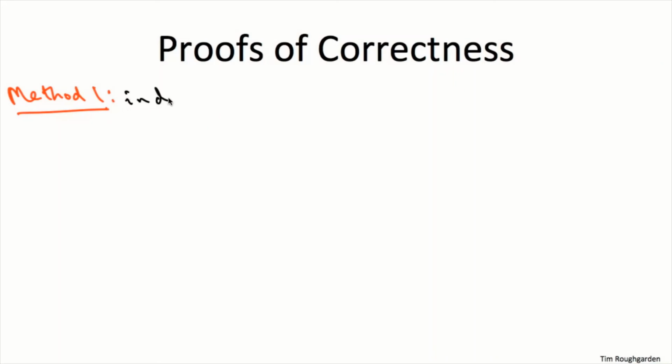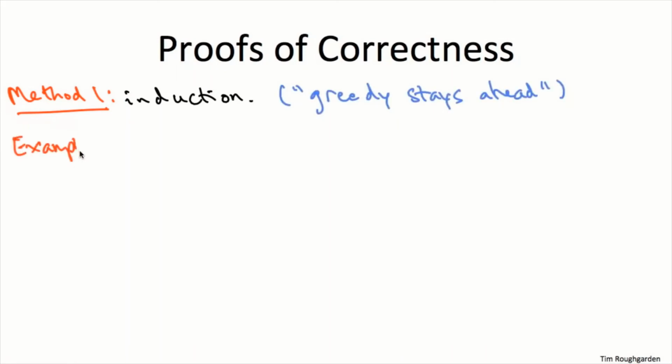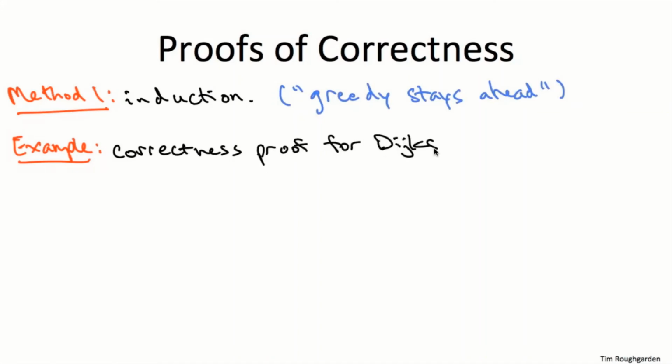induction. Now, for greedy algorithms, remember that what they do is sequentially make a bunch of irrevocable decisions. So here the induction is going to be on the decisions made by the algorithm. And if you go back to our proof of correctness of Dijkstra's algorithm, that in fact is exactly how we proved Dijkstra's algorithm correct. It was by induction on the number of iterations. In each iteration of the main while loop, we computed the shortest path to one new destination, and assuming all of our previous computations were correct, that's the inductive hypothesis, then so is the computation in the current iteration.